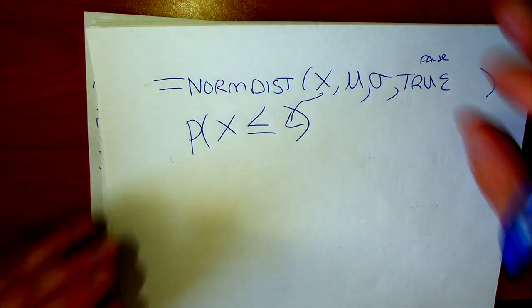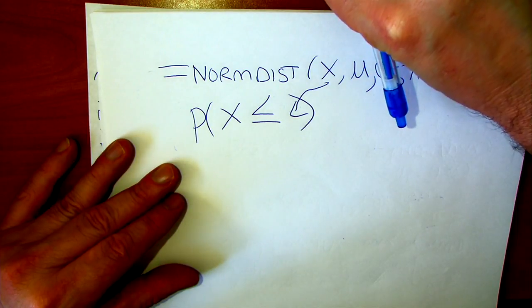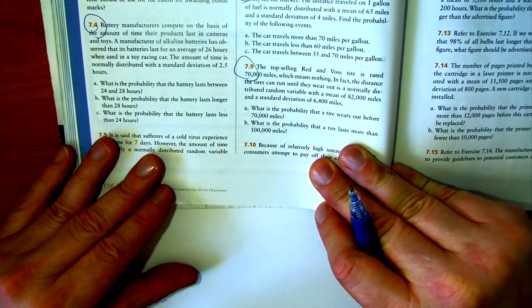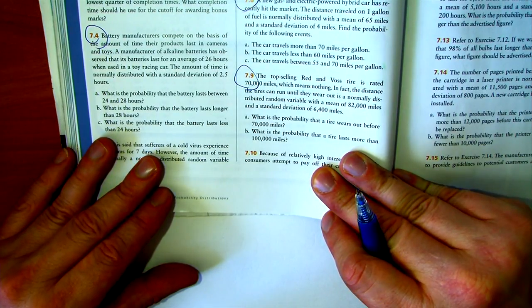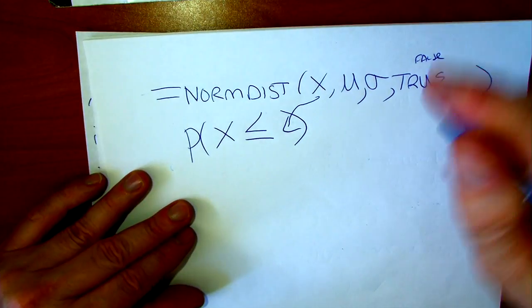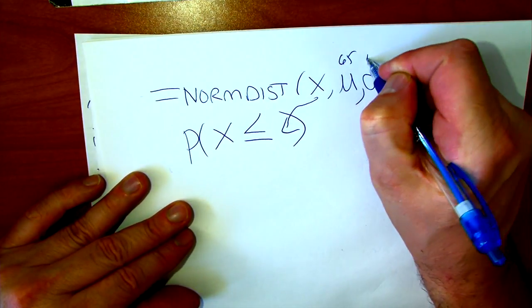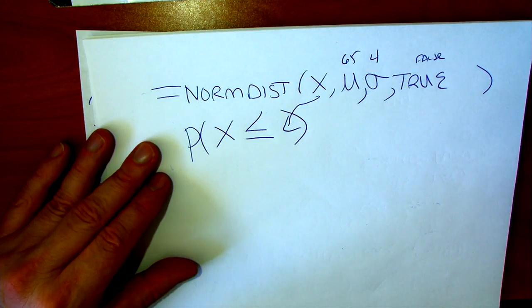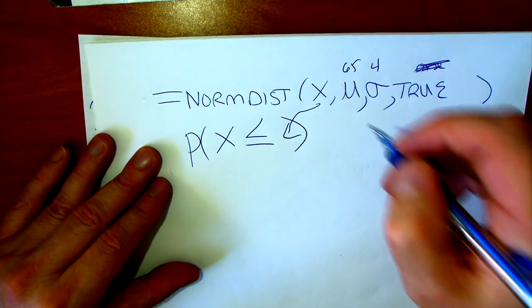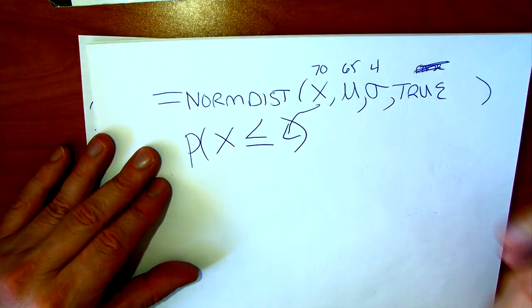If we look at, for example, number 8, it says a new gas and electric powered hybrid car has recently hit the market, travels 65 miles at a gallon. That's the mean, with a standard deviation of 4. The first one wants to know the probability we get more than 70 miles per gallon.